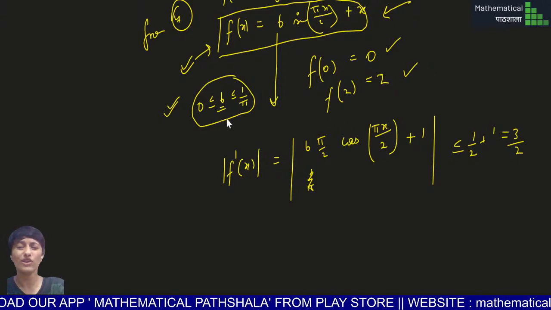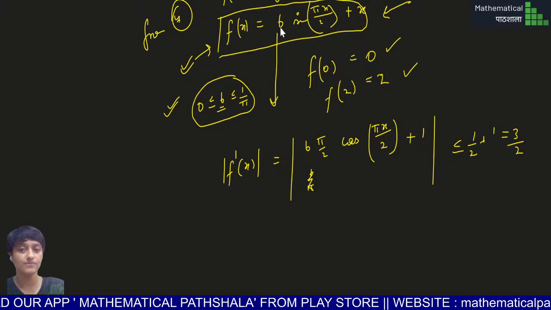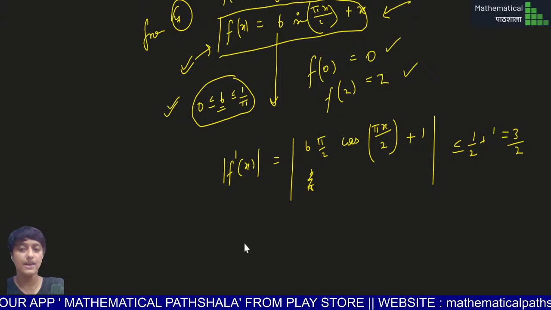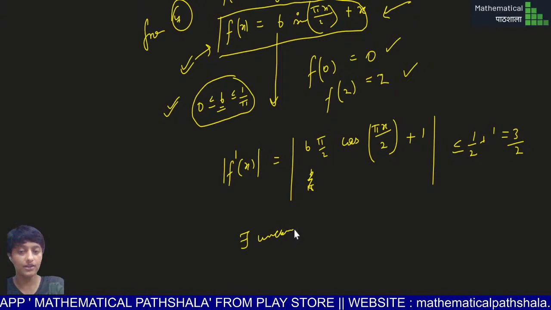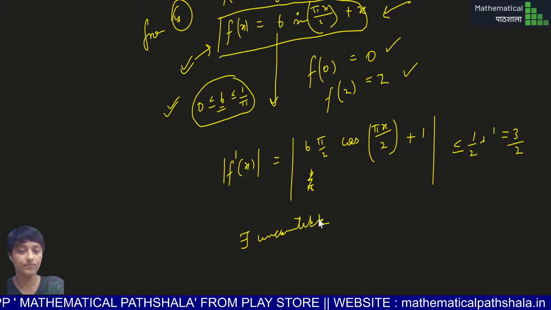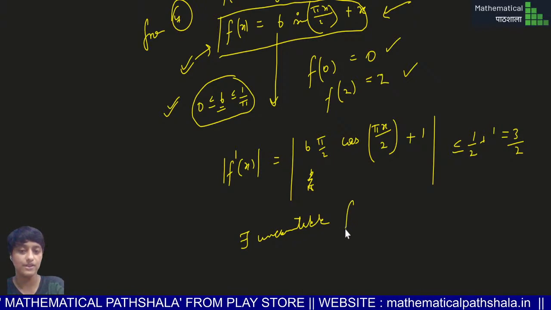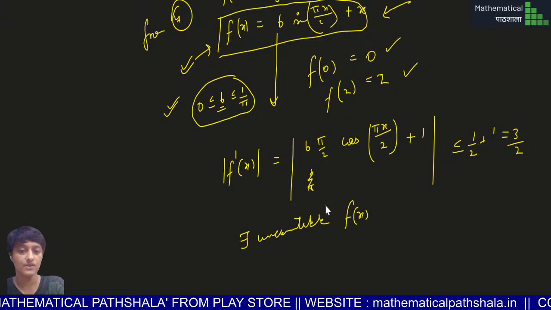Similarly, if we put uncountably many values here in the equation of f(x), we get that there exist uncountably many such f(x).